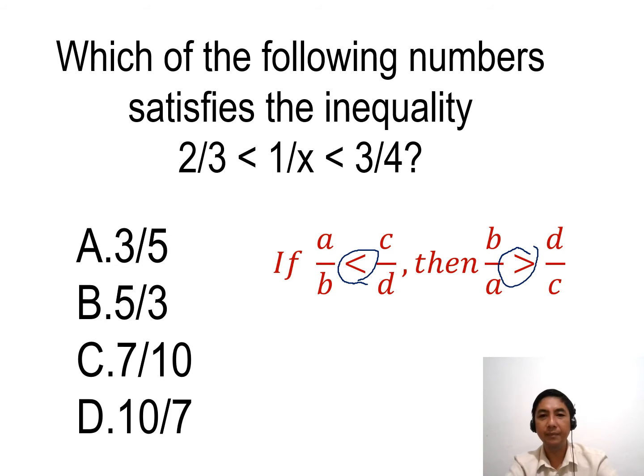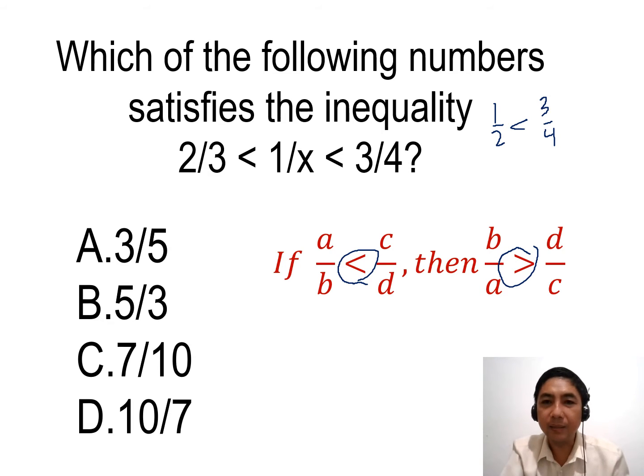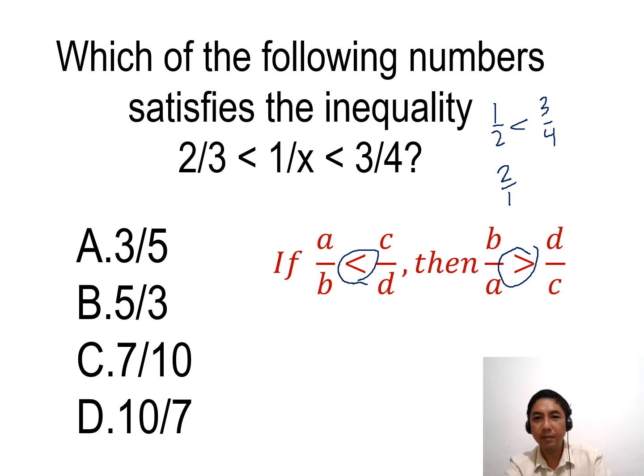For example, we know that 1/2 is less than 3/4, because 1/2 is 0.5 and 3/4 is 0.75. But when you flip them into reciprocals, 2 over 1 and 4 over 3, 2 is greater than 4 over 3, because this is actually 1 and 1/3.